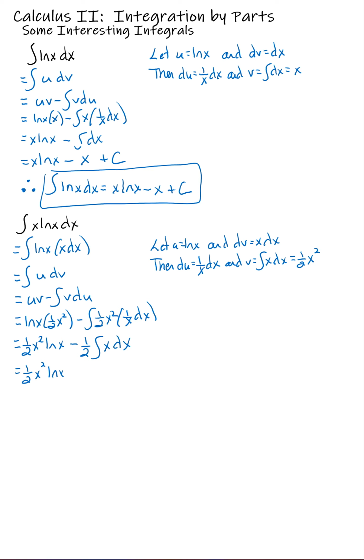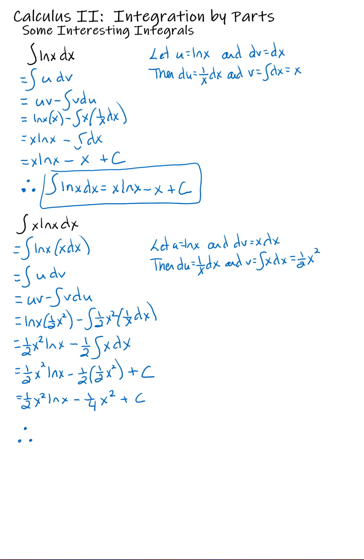Keeping this first term as is, the second term becomes minus 1/2 times the integral of x dx. That's again x squared over 2, or 1/2 x squared. Here's where my arbitrary constant will come in, so that's going to be plus c. Cleaning this up even more, we have 1/2 x squared natural log of x minus 1/4 x squared plus c.